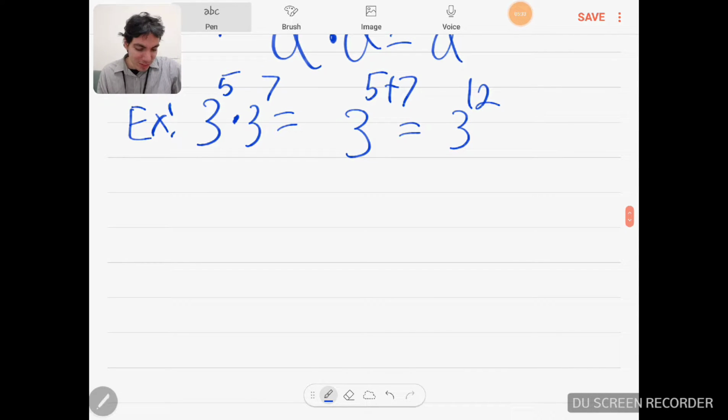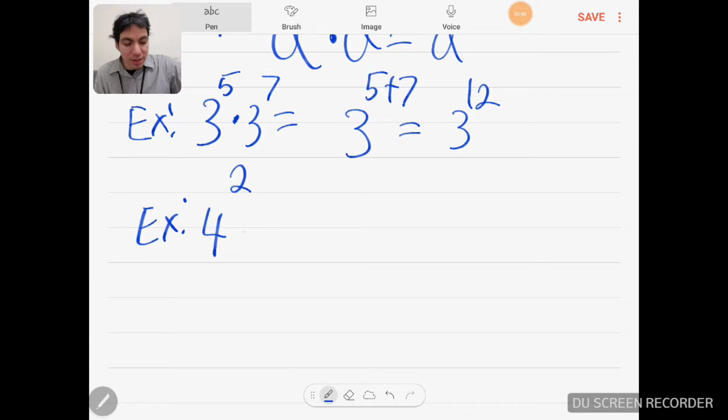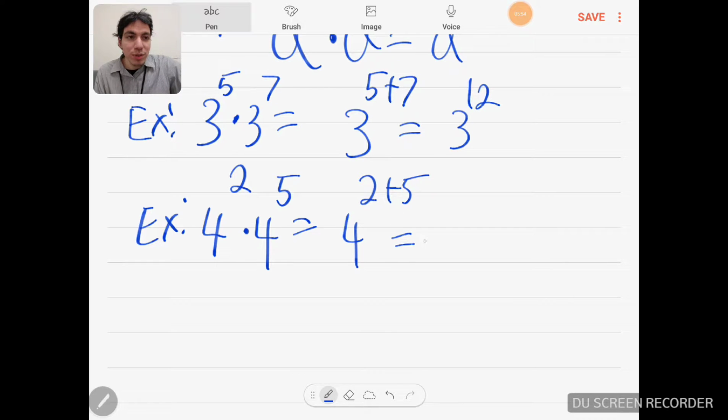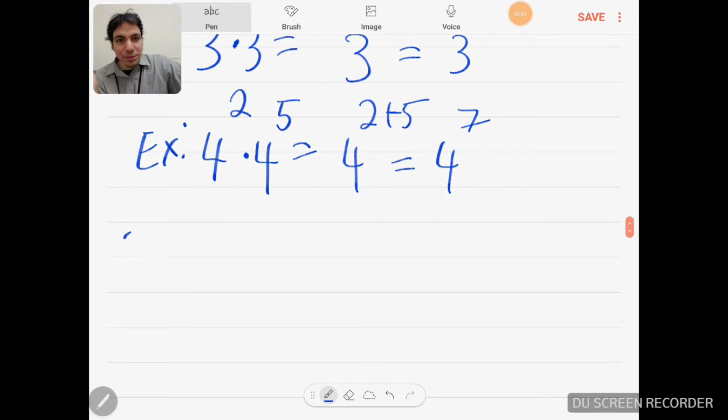Let's do some more examples. 4 to the 2nd times 4 to the 5th is simply 4 to the 2 plus 5, which is 4 to the 7th. I feel like you're getting the gist of this rhythm. Good. Now let's change up the rhythm just a little bit.